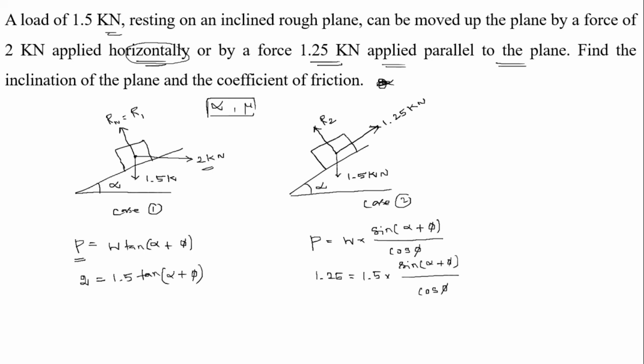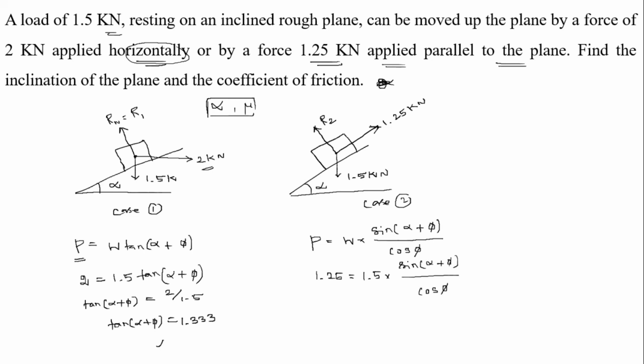So, here tan of alpha plus phi is equal to 2 divided by 1.5, which is equal to 1.333.